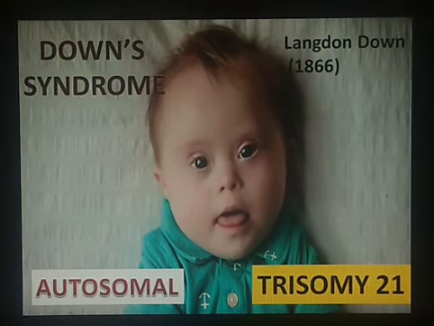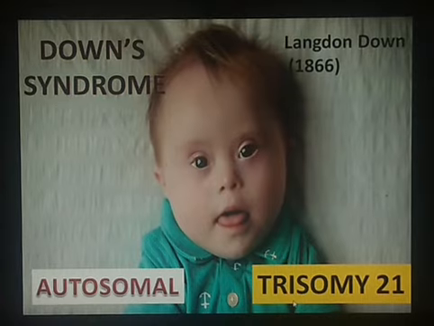That means the chromosomal abnormality is in the autosomal chromosomes. This disorder was first reported by Langdon Down in 1866. And this syndrome is also called trisomy 21.